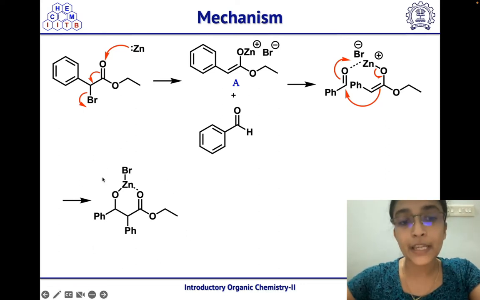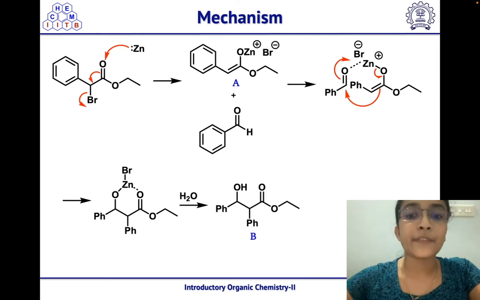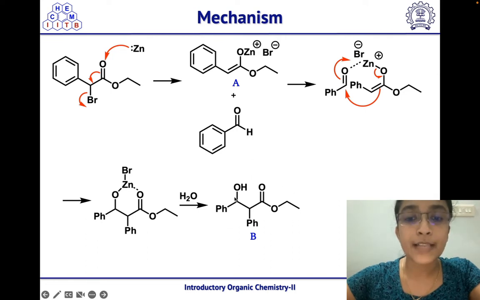Then this intermediate, upon treating with water or upon workup, will result in the formation of a beta hydroxy ester like this. It is a beta hydroxy ester because this hydroxy group is present at the beta position. This is the alpha position, this is the ester, and this is the beta position. So this is compound B.